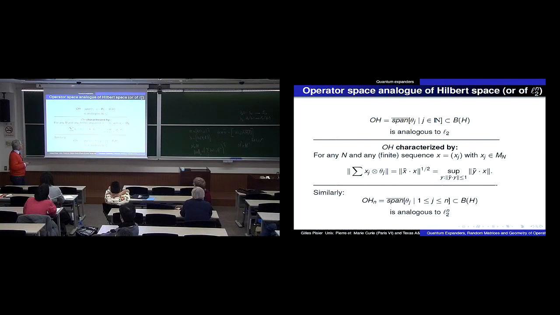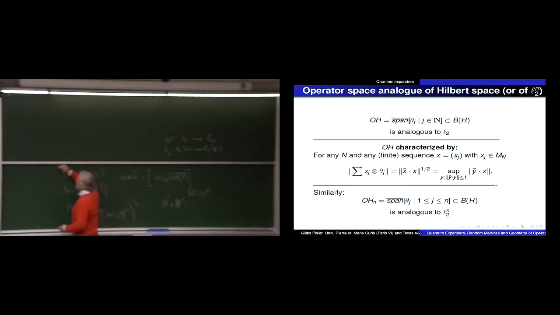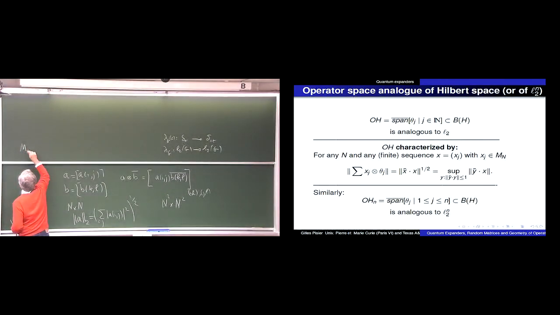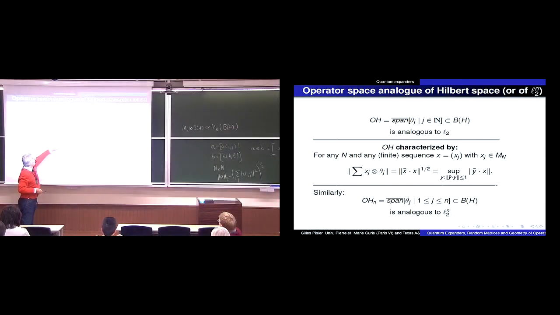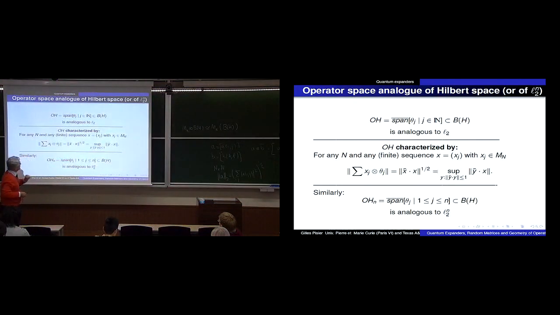If I take an expression like this and take the norm, just to be complete, this is going to be the norm in M_n tensor B(H), which we identify with M_n of B(H). X_j is a matrix, theta j is an operator, so this expression is in this space, and I take the norm of matrices with entries in B(H).